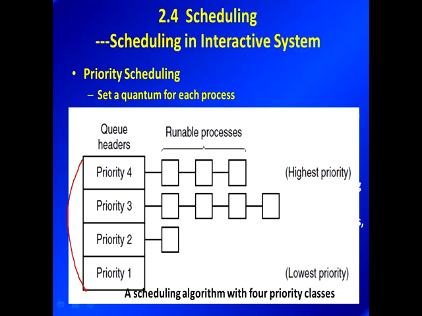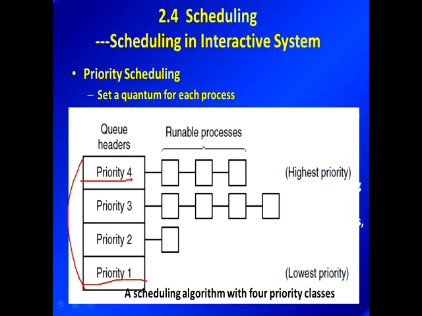A process can be in any of these classes. If it is in this class, it has the lowest priority. If the process is in the first class, it has the highest priority. So in this way, we don't need to set a totally different priority number for each single process. We just group them into a few classes.